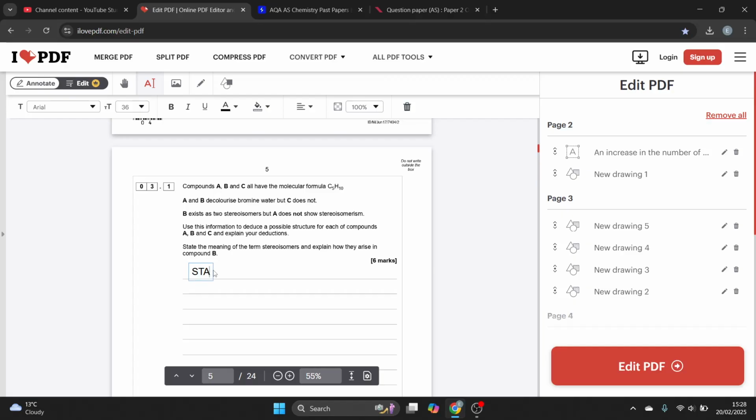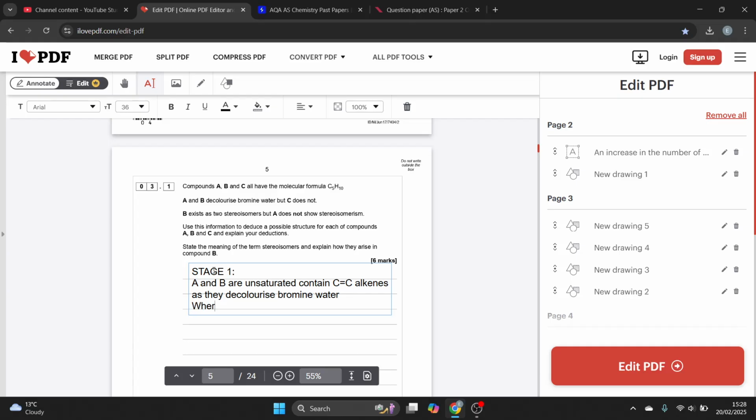So, stage 1. Well, A and B are unsaturated because they decolorize bromine water, aka they contain carbon-carbon double bonds, alkenes, as they decolorize bromine water.